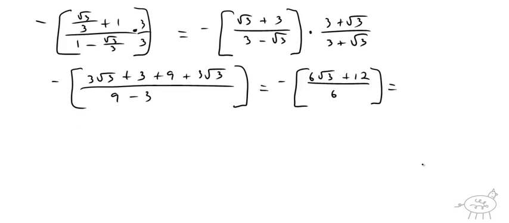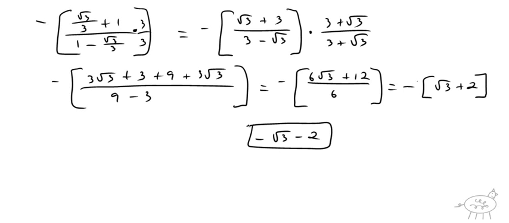So move it down a little bit again. That's going to be negative, and then it's going to be root 3 plus 2. So my final answer is negative root 3 minus 2. Okay? You know, it's a little bit of work, but it's really not that bad.